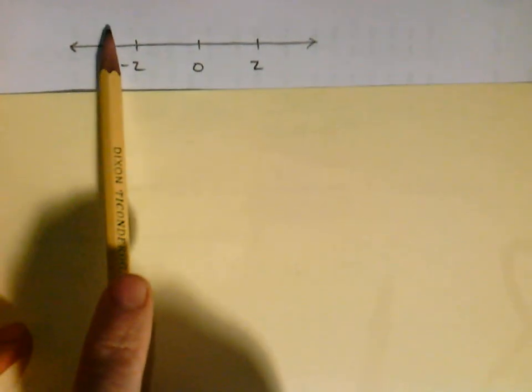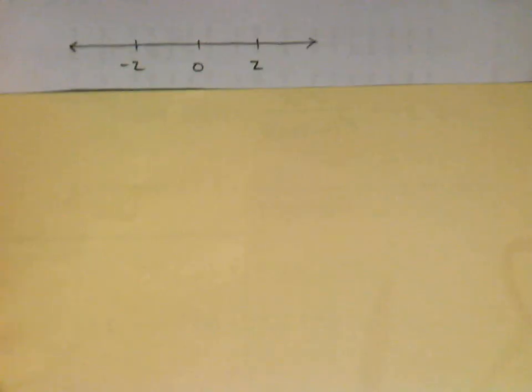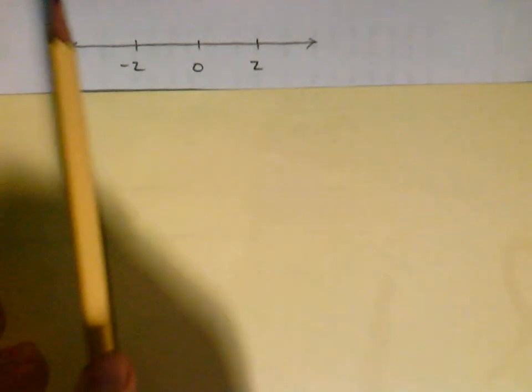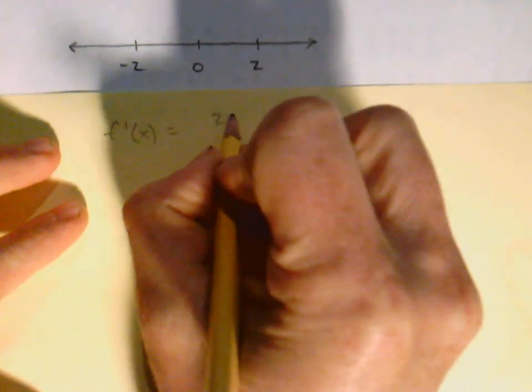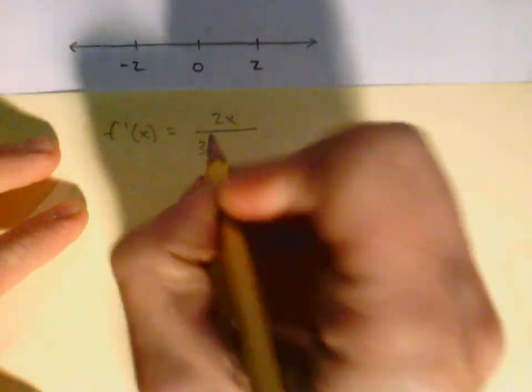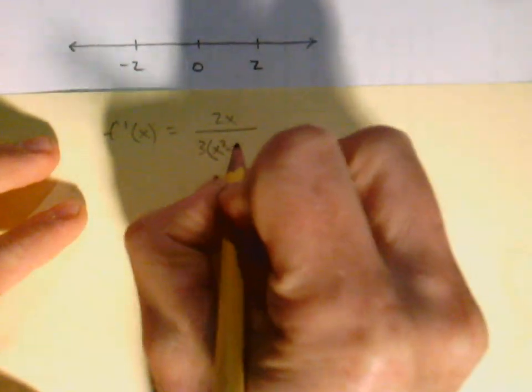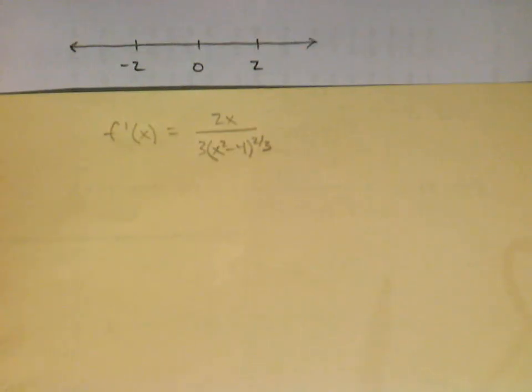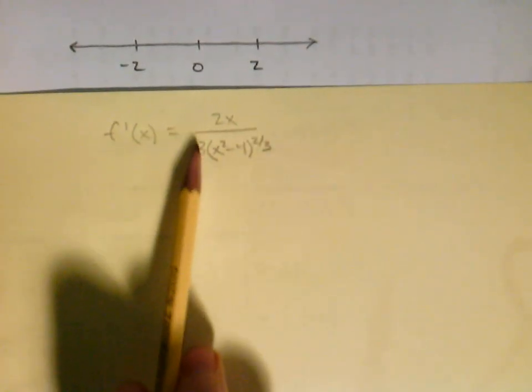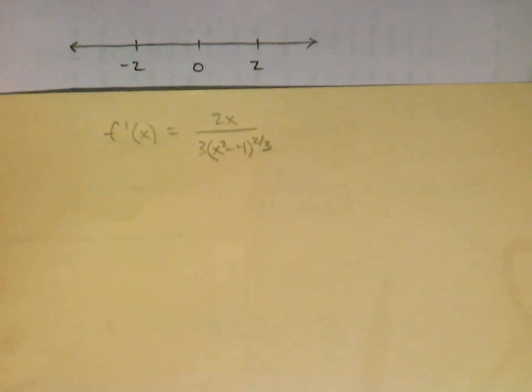This time though, we have 4 intervals to test. So we need to pick a value from each one, and we're going to plug it into our derivative. If you remember, our derivative was this. Much easier to plug numbers into this simplified form as the fraction.